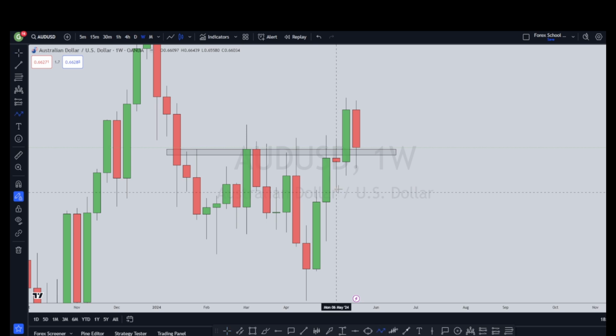And so with this break to the upside, we had an impulsive move. Now this was a correction, and after a correction, we expect another impulsive move to the upside to complete the impulse, correction, impulse formation in the market.